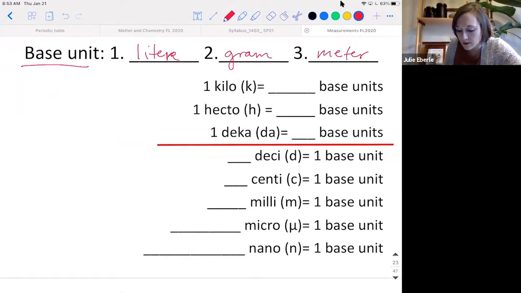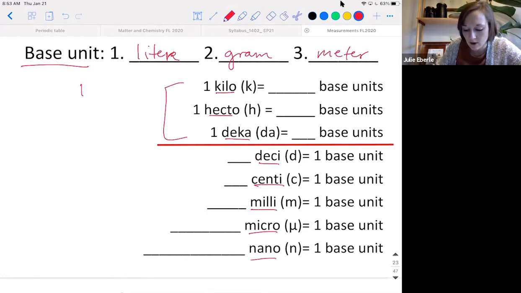All of these words that I'm underlining, these are prefixes: kilo, hecto, deca, deci, centi, milli, micro, nano. Some of these prefixes, when you put them in front of your base unit, make them larger, and that's going to be these three up top. These are larger.